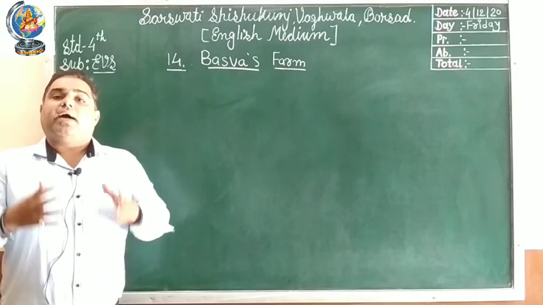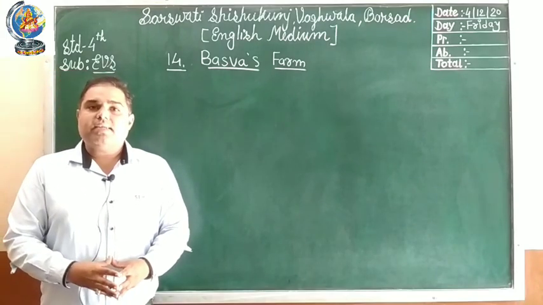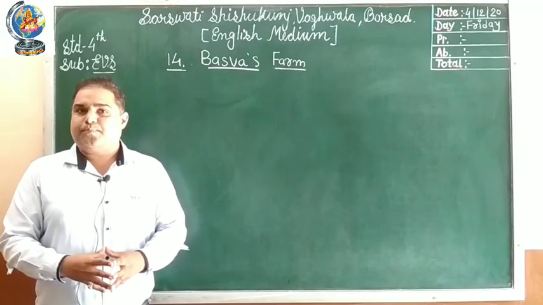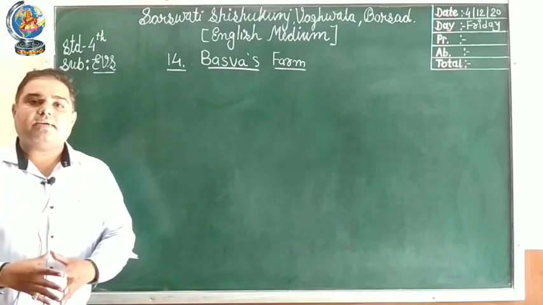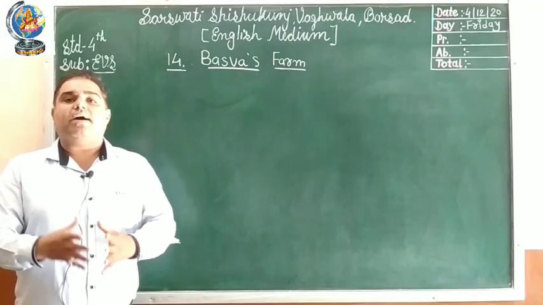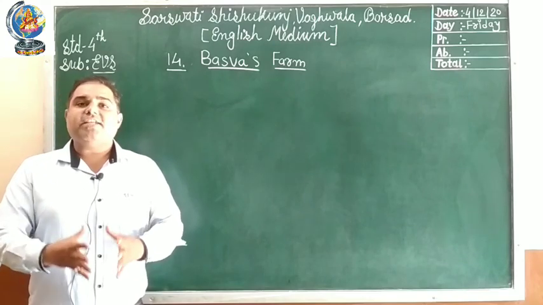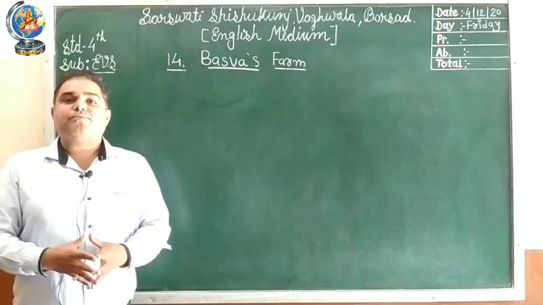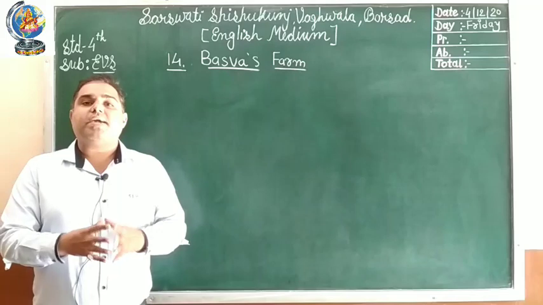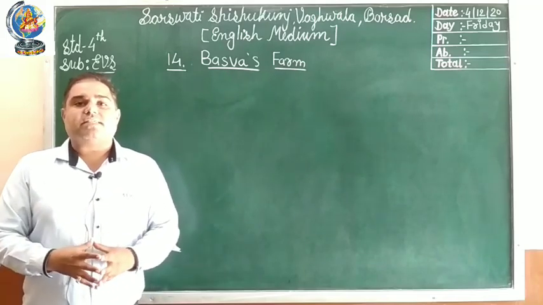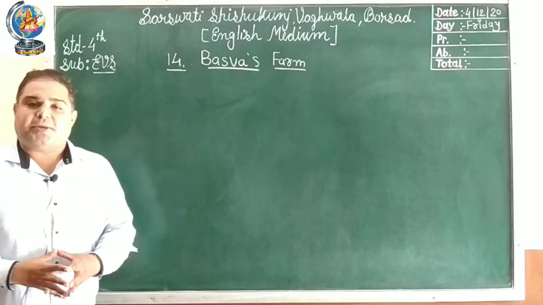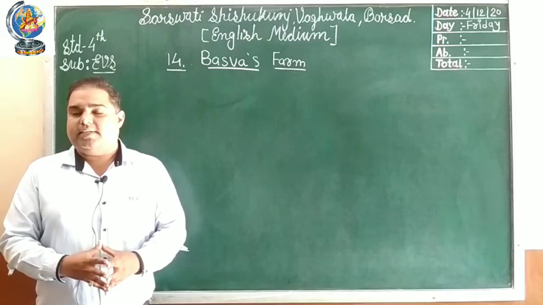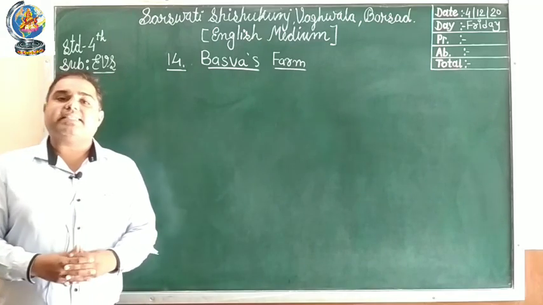So students, in this chapter you will learn how the onion crop is cultivated, which things Basva's father used to cultivate onion crops, in which month the onion crop is sown, and in which month it is ready to be harvested. All these things you will learn in this chapter. I hope you will learn this chapter thoroughly. So students, let us begin this chapter now.